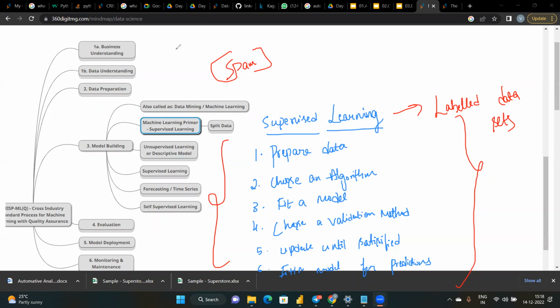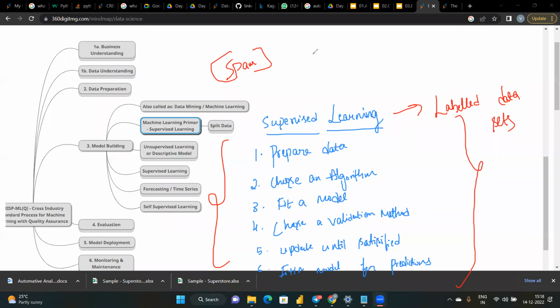So, guys, the labeled data sets. We have seen what is meant by supervised learning, right? With the algorithms, we are going to maintain the accuracy. Supervised learning can be separated into two types of problems, guys. One is classification.